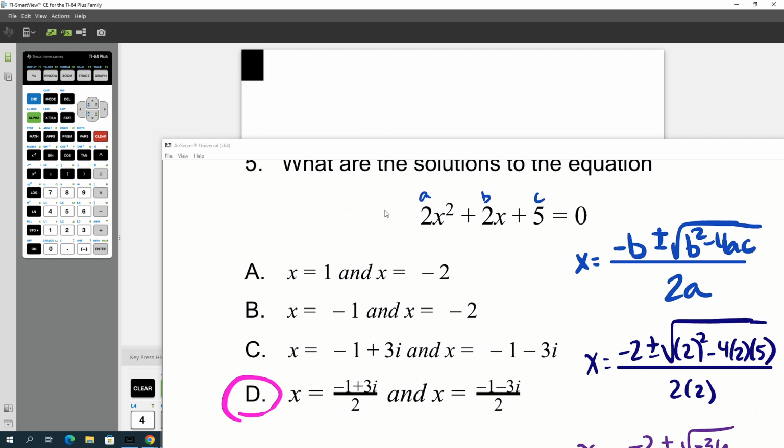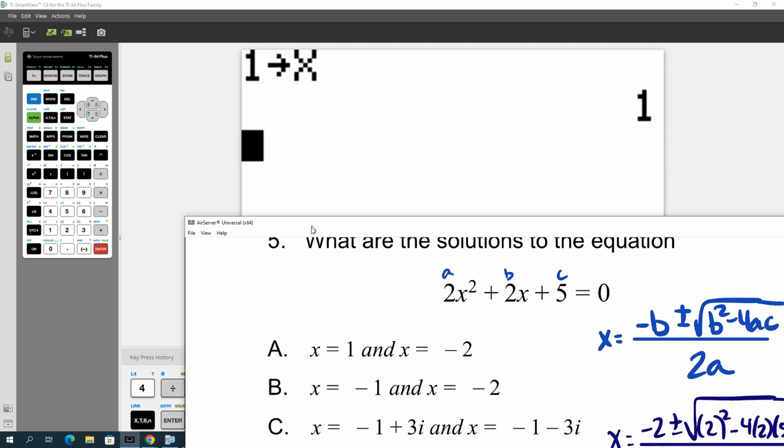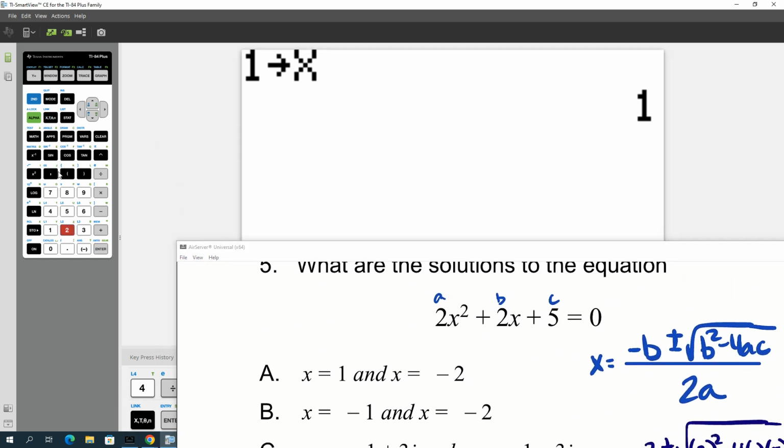So if you wanted to check 1 and 2, that's easy. You would just do 1 store x and then type in 2x squared plus 2x plus 5. All right, and I don't get 0, so A is not an answer choice.